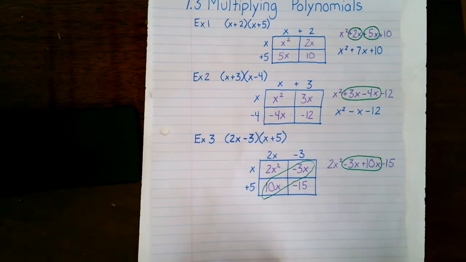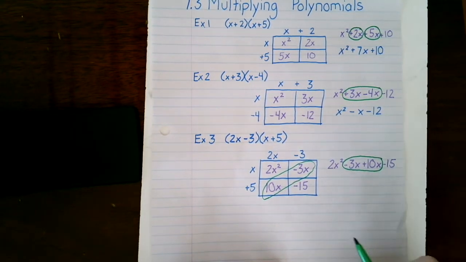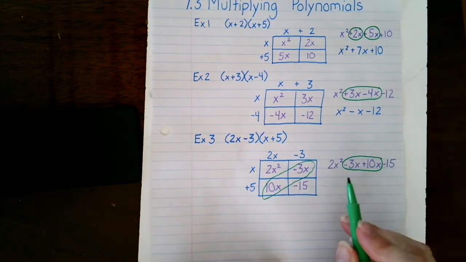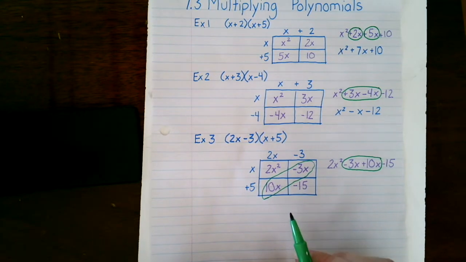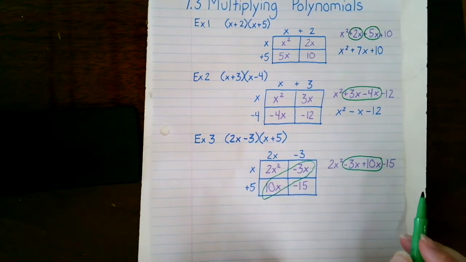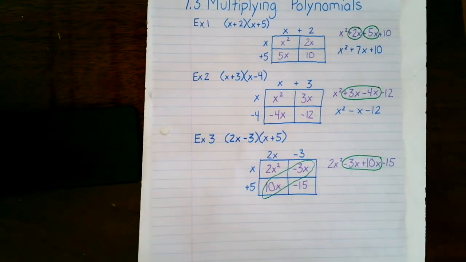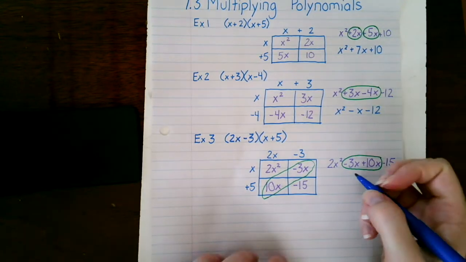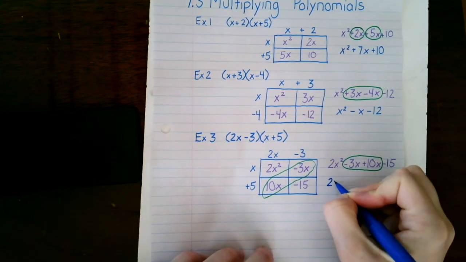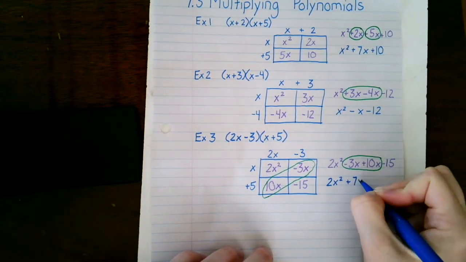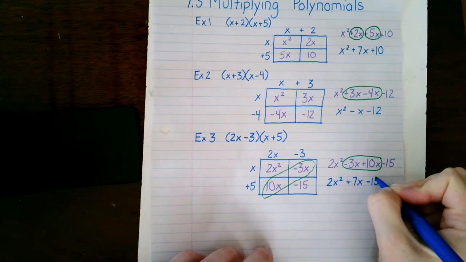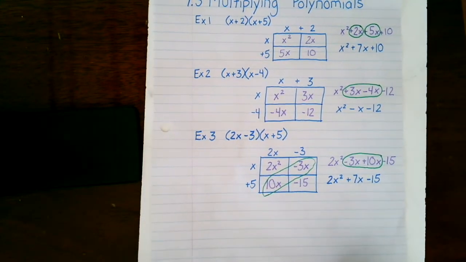So maybe as you're practicing and you get better at this, you might not need to write out this step here. You might be able to recognize within your model what 10x minus 3x would be and just combine them together to write your final answer. So we are going to go ahead and go to our final answer. So 2x squared plus 7x minus 15. So that is our final answer.